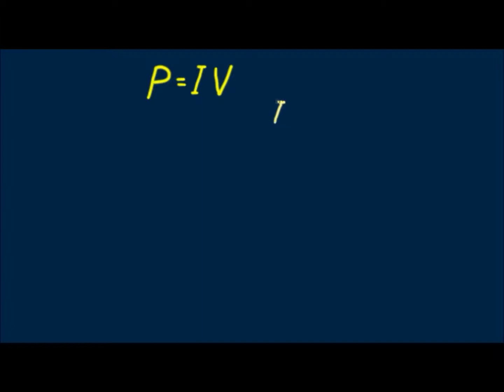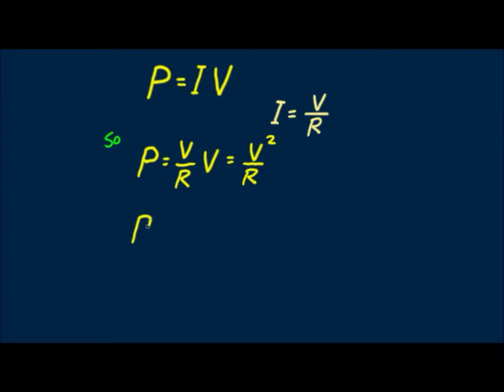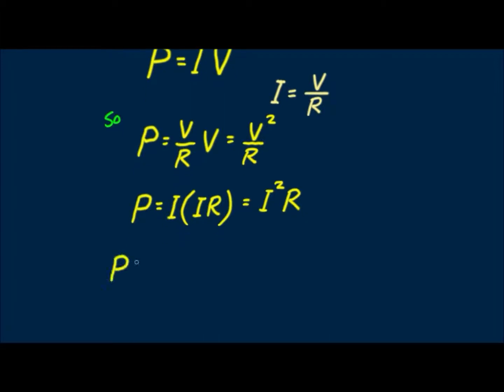From P equals IV, substitute Ohm's law for I, and we have P equals V squared over R. Yum! Or substitute for V, which Ohm's law says equals IR, then P equals I squared R. So we have three equations for electric power.